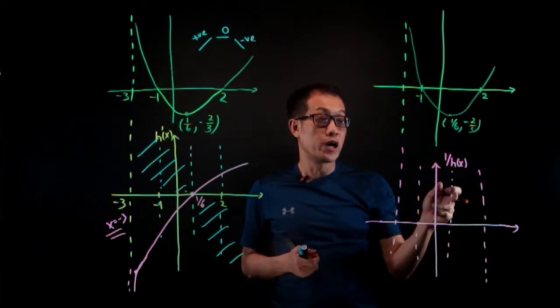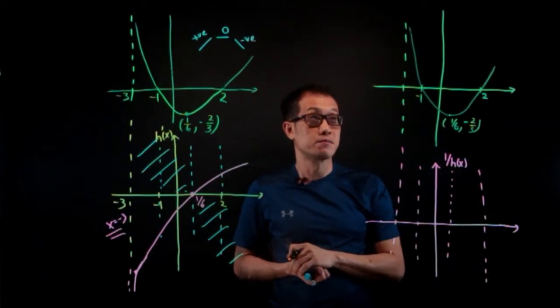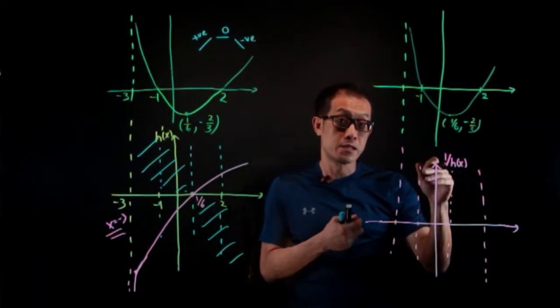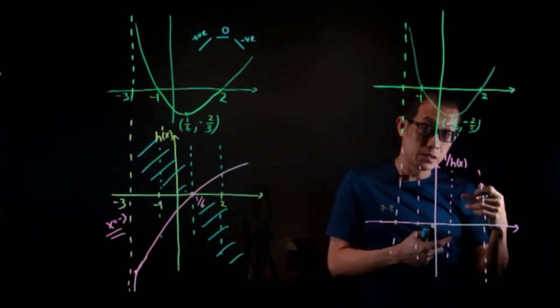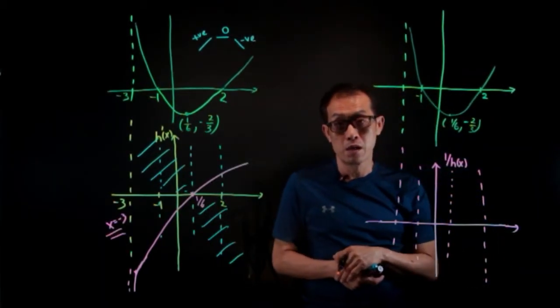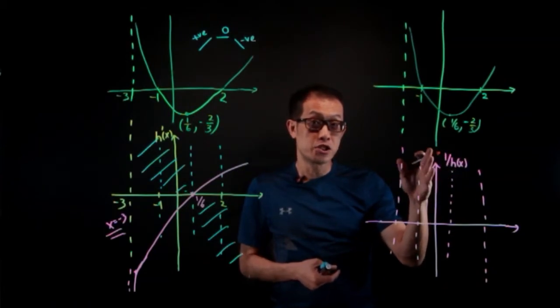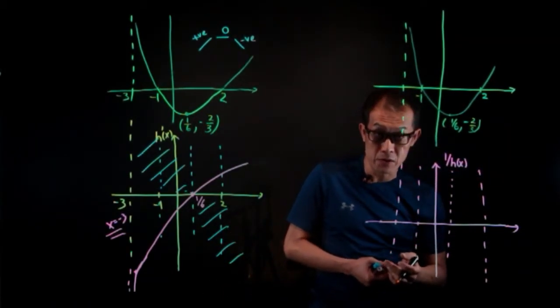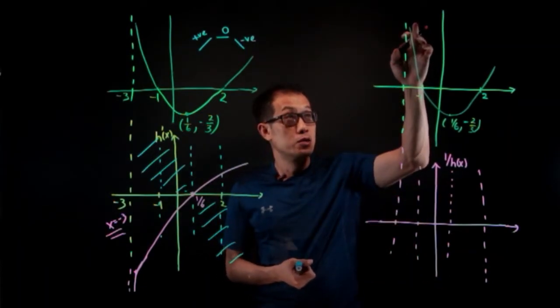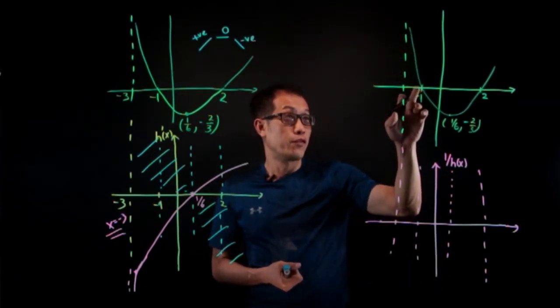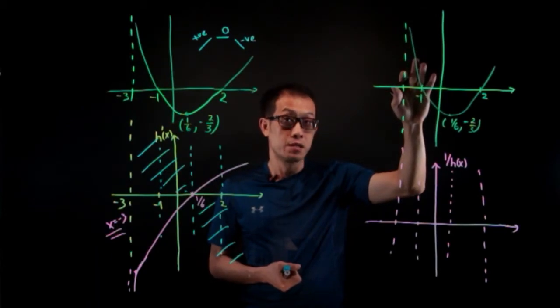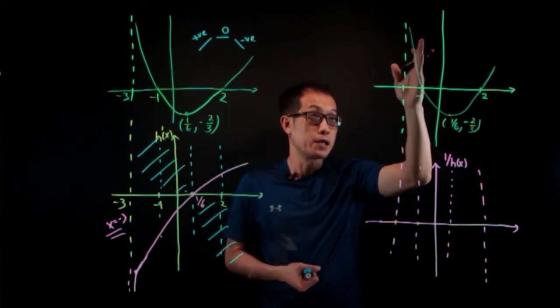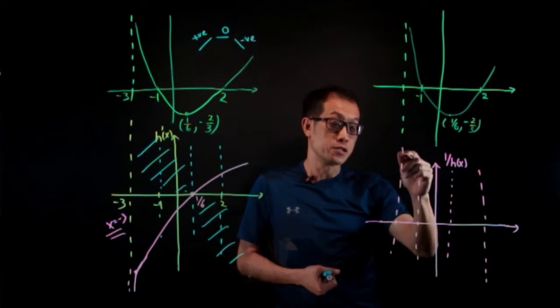Now for 1/h of x, when you do a reciprocal, it does not change the sign. Alright, if it's positive, it will still remain positive. So for this region, it will occupy the positive portion.